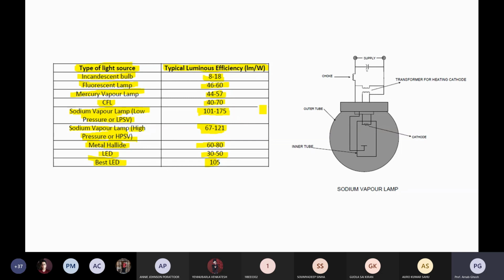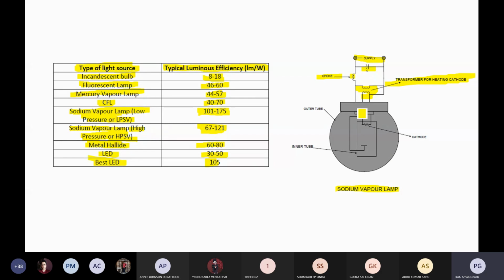Here you can see the basic structure of the sodium vapor lamp. The supply is given through a choke coil, then a capacitor, then a transformer for heating the electrodes. Normally in a fluorescent lamp we use an inductor as a choke coil to provide a very high voltage across the electrodes, which causes ionization.